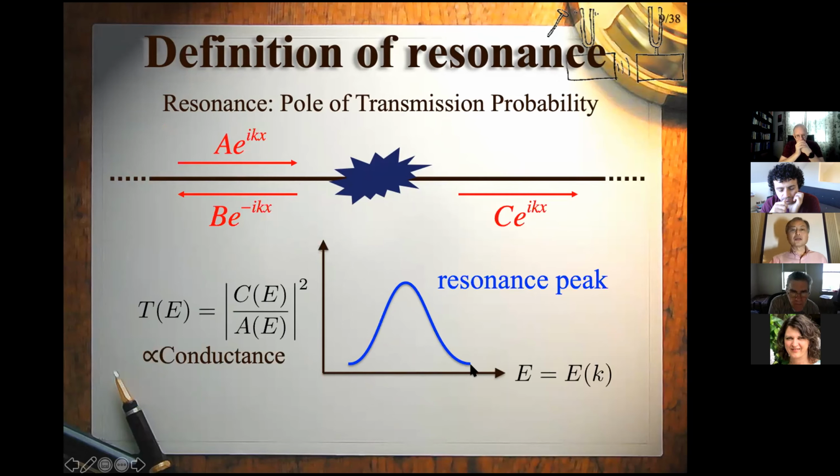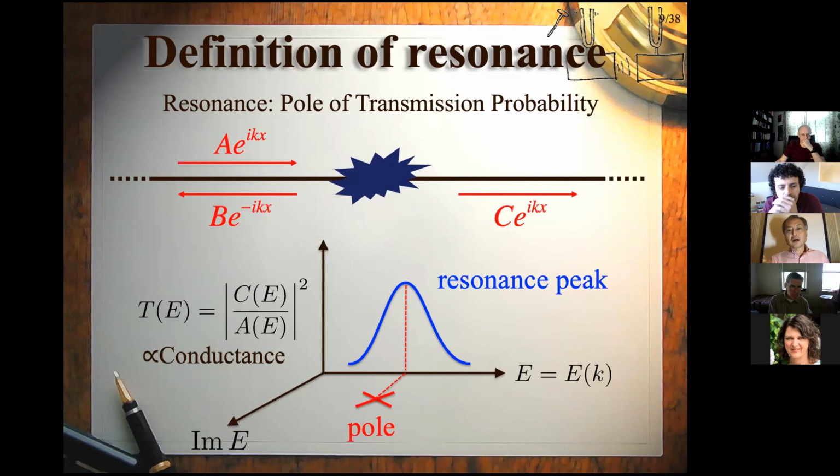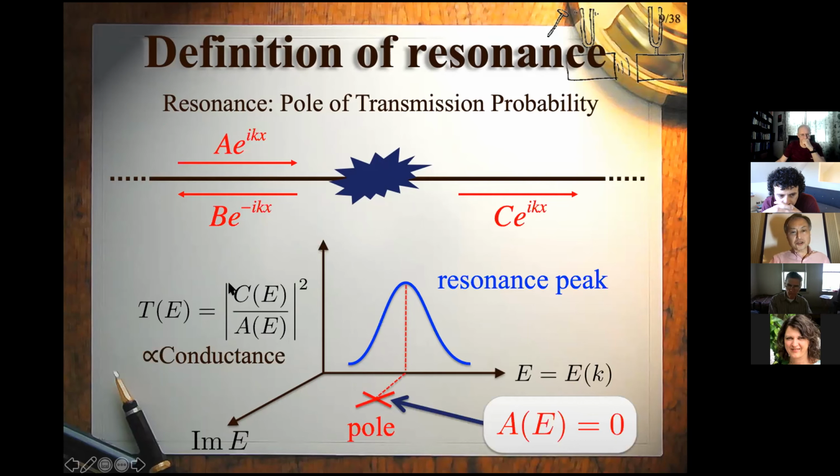If we analytically continue the energy into the complex energy plane, then the resonance peak has a pole in the complex energy plane, and that's the resonance. At this pole, the denominator has a zero.